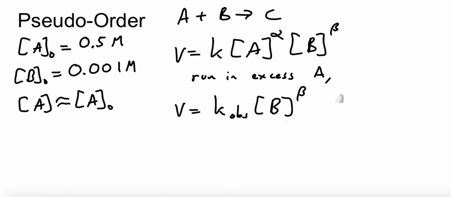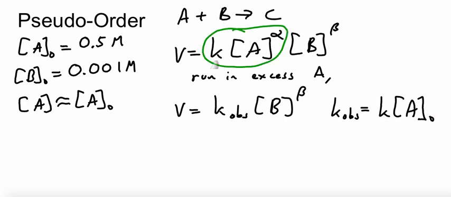And in this case, k observed is just equal to the original rate constant times the initial concentration of A. So we're just taking this, and since the concentration of A is approximately constant, which we said over here, we're just lumping this all together and calling this k observed. And that makes this rate a function of just one reactant.